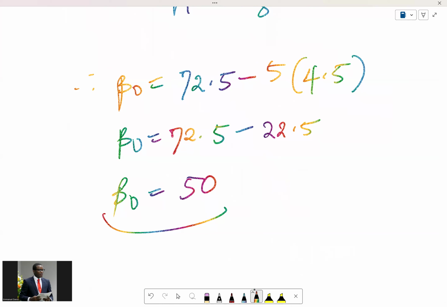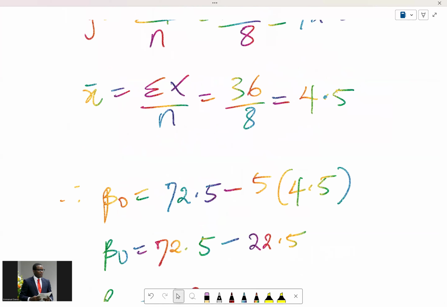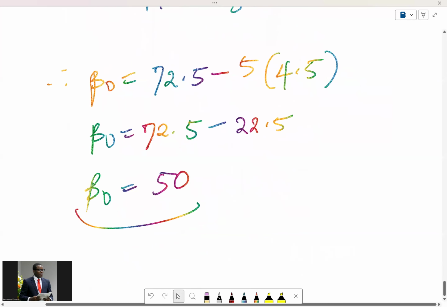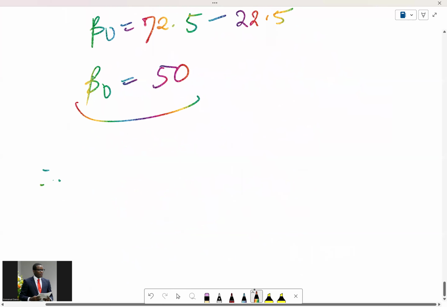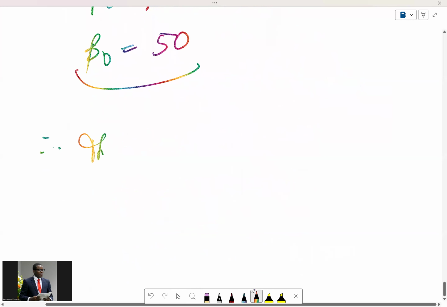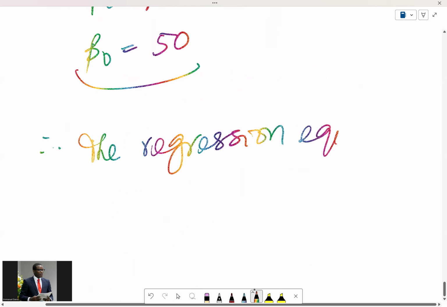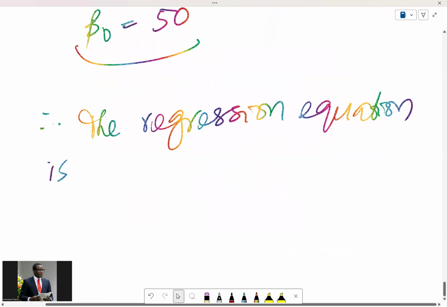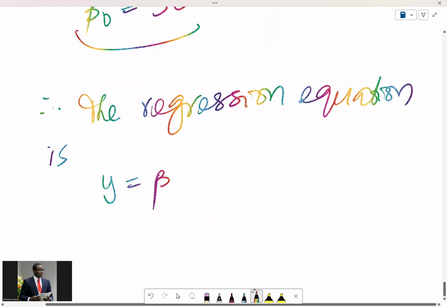So once we get B naught and B1, we can go ahead. We can now say, therefore, the regression equation is y, of course, equals B naught plus B1 x.